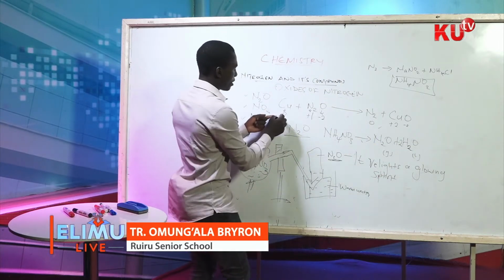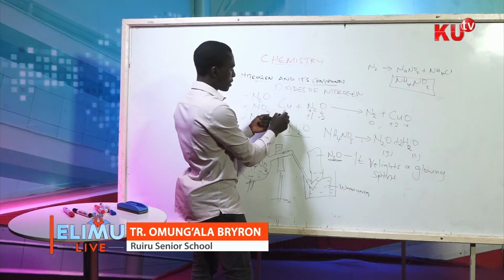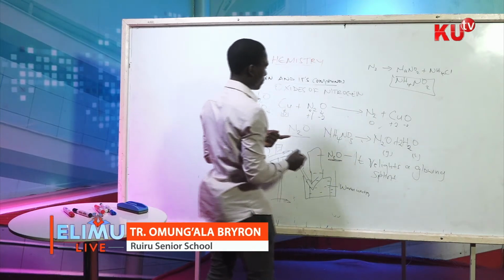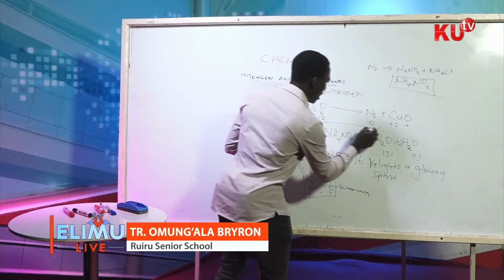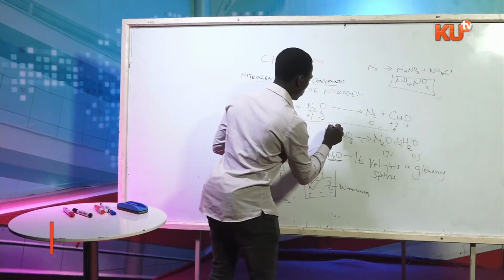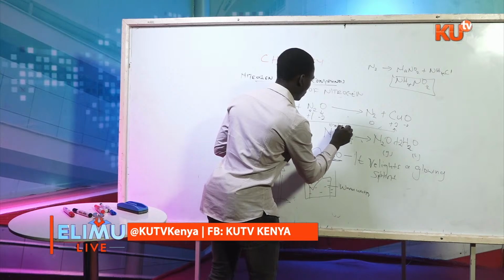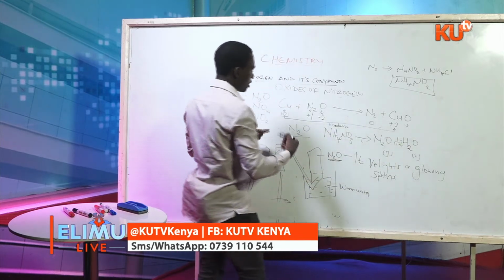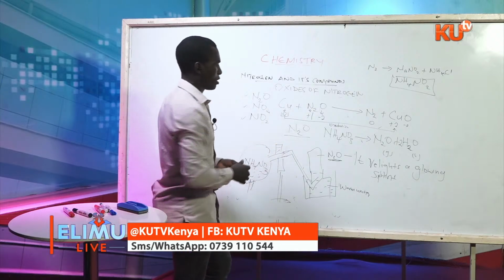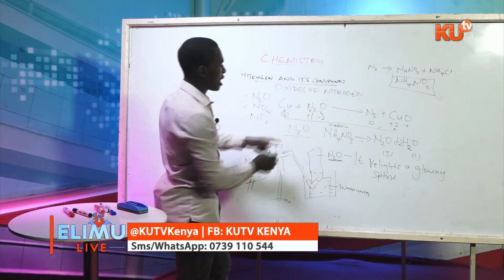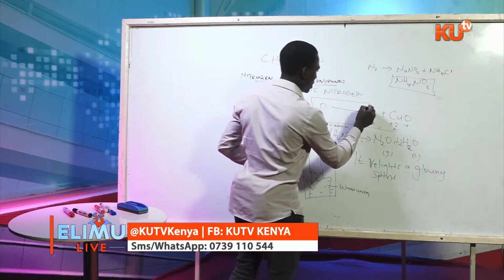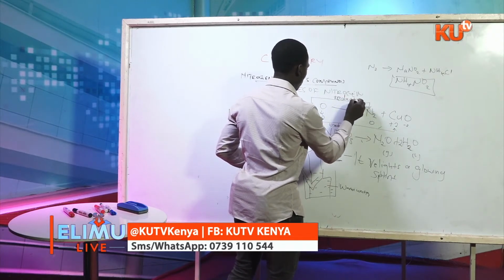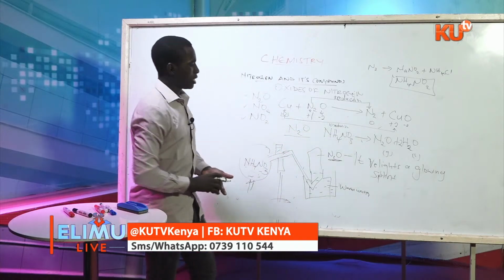So you will identify that the oxidation number of copper has increased from 0 to +2. That means that copper undergoes oxidation, because its charge has increased from 0 to +2. But the oxidation number of nitrogen has reduced from +1 to 0, so nitrogen has undergone reduction.